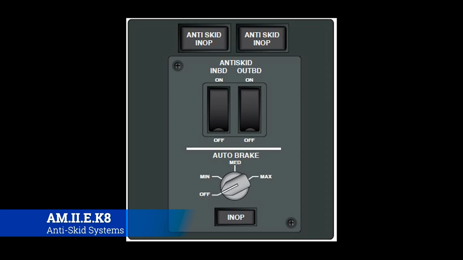Now, there are various designs of anti-skid systems. Most contain three types of components: wheel speed sensors, anti-skid control valves, and a control unit. What you're looking at right now is the 737's anti-skid panel that's on board, and the auto brake.